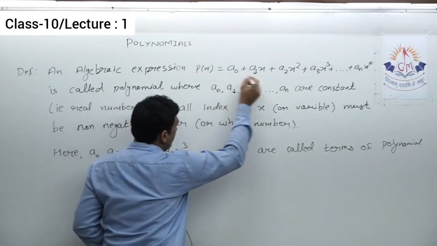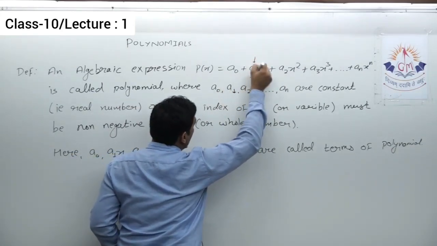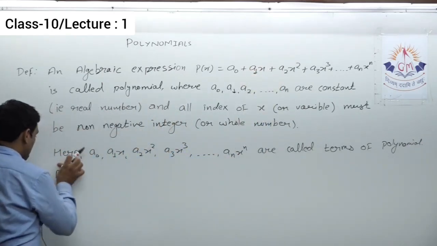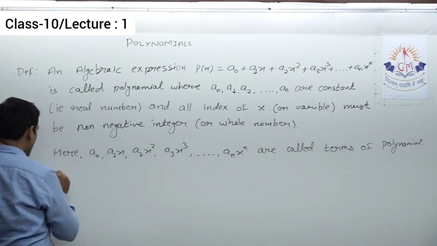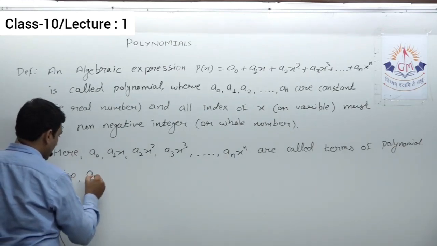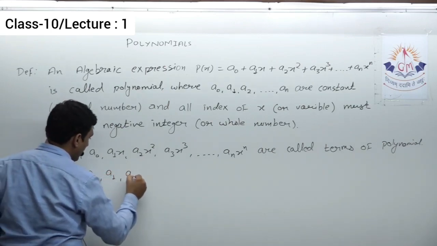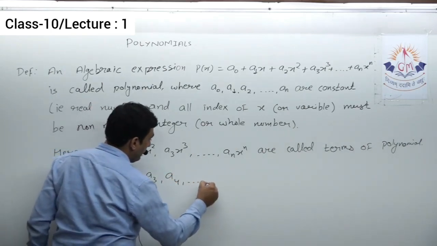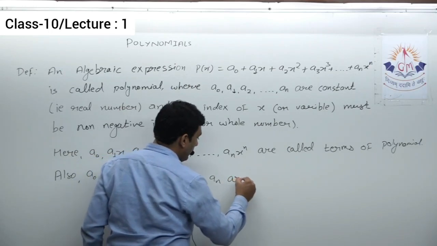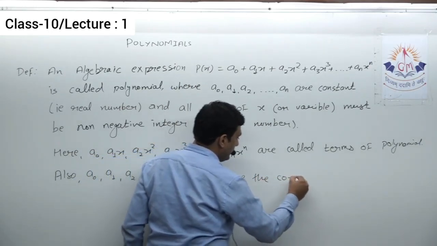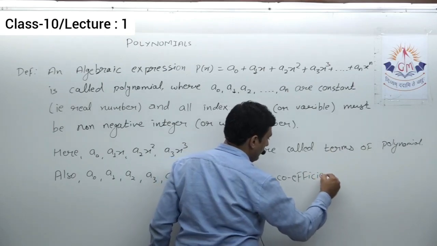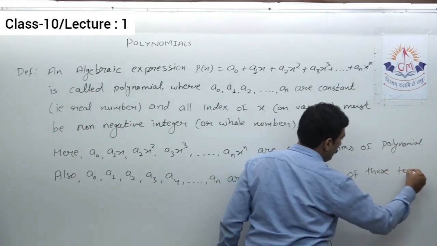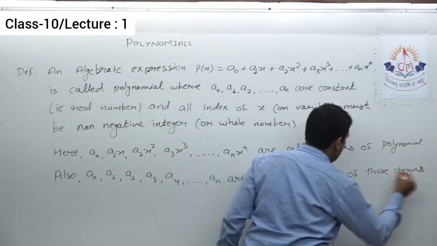Now for the second term, this a1 is called the coefficient of x. So here further I write also this: a0, a1, a2, a3, a4 up to an are the coefficients of these terms respectively.